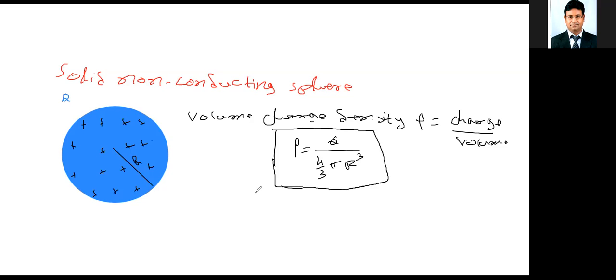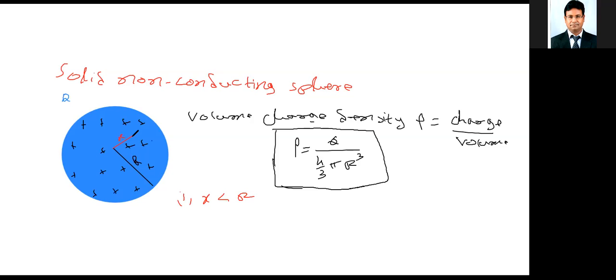Now I want to find out the electric field at some distance x. I can find the electric field at this distance x such that x is inside the sphere. So the first consideration is x is less than r.